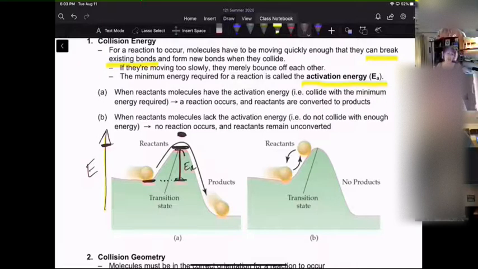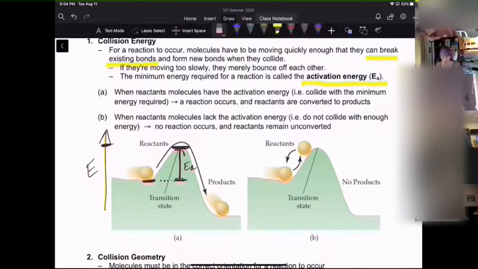That's sometimes called the transition state or the activated complex, sometimes a lot of words for that. So if the collision allows them to get that high in energy, then maybe they can go back down to reactants, or maybe they can go forward to products. But if they don't even get that much energy, then there's not going to be a reaction. They just have collisions and bounce off each other.